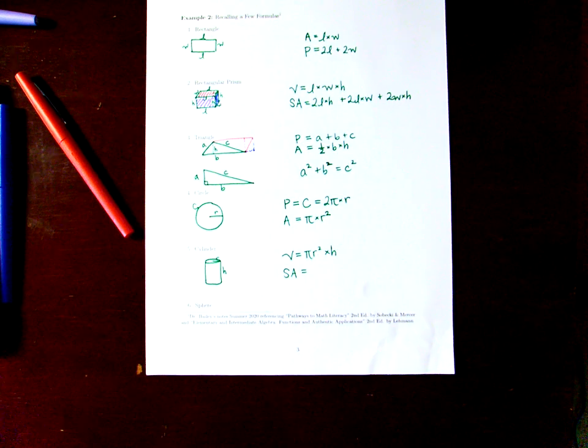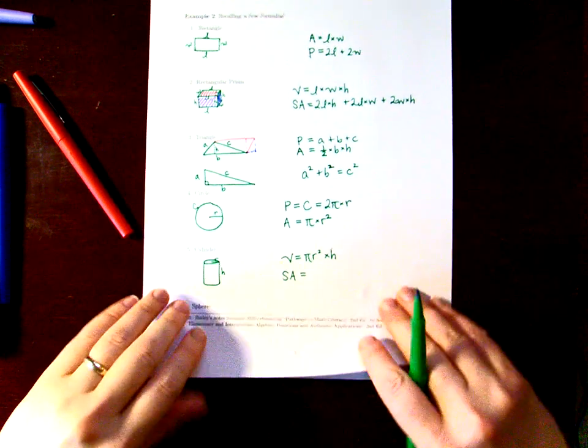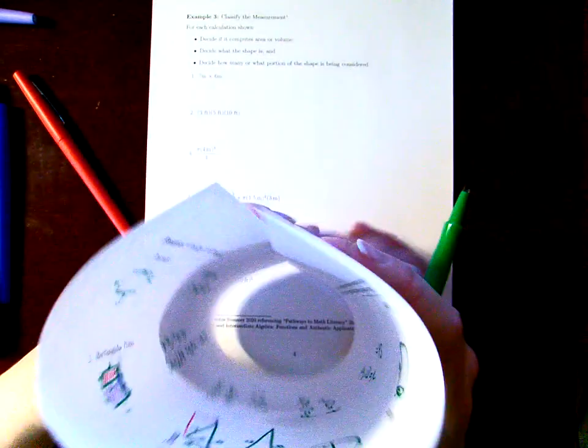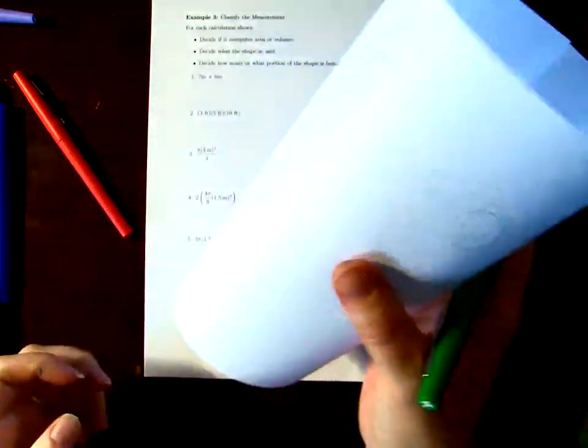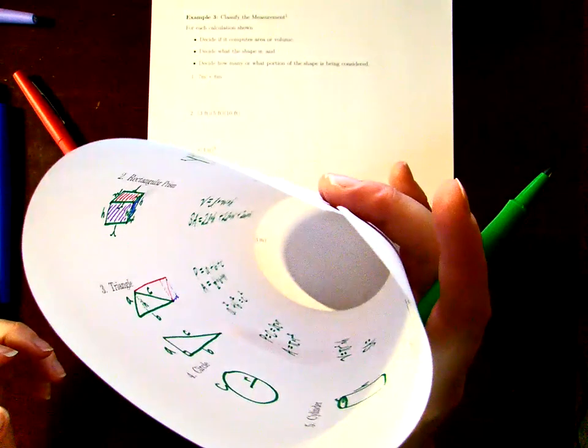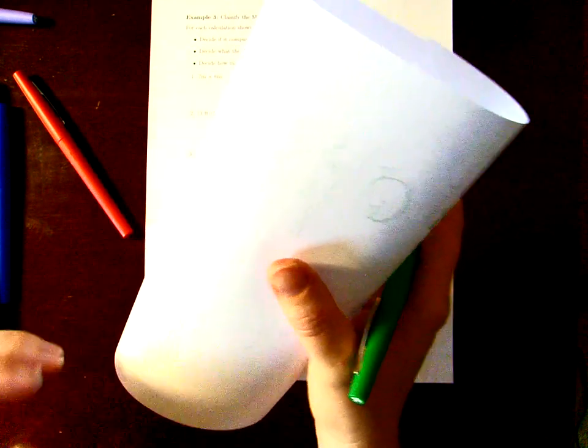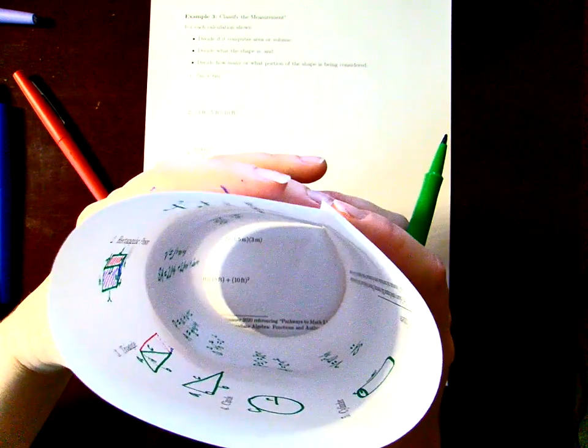When I'm in the classroom, I always do this demonstration where I take my paper and I turn it into a cylinder. If you take your paper and loop it around, it makes a cylinder, the top of which is a circle, the bottom of which is a circle.